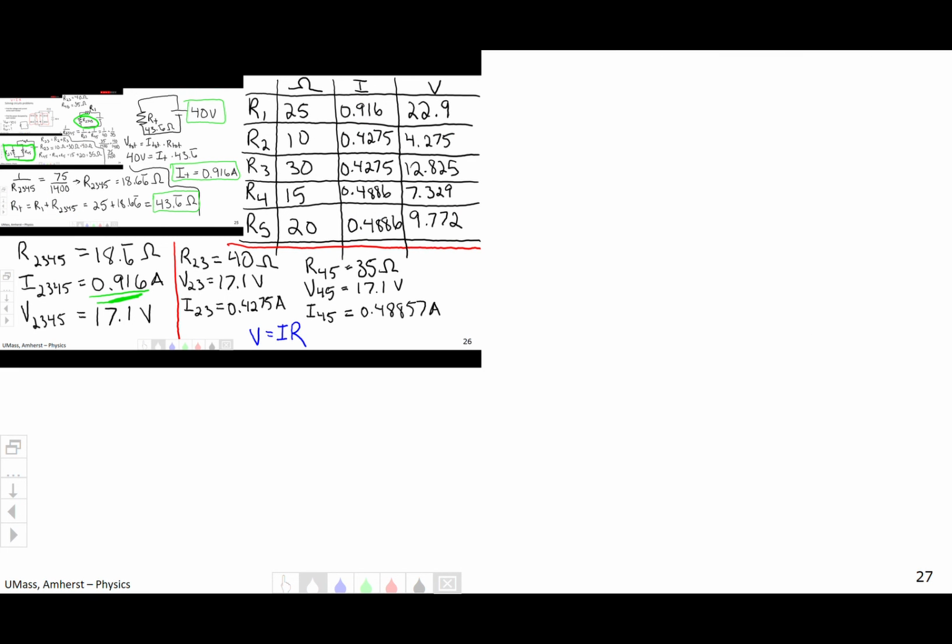Great. So, final sanity check. We have 5 circuit elements. The potential drop across all of these circuit elements should be 40 volts. Let's add them all together. 9.772 plus 7.329 plus 12.825 plus 4.275 plus 22.9 equals a whole bunch. Oh, what did we do wrong here?